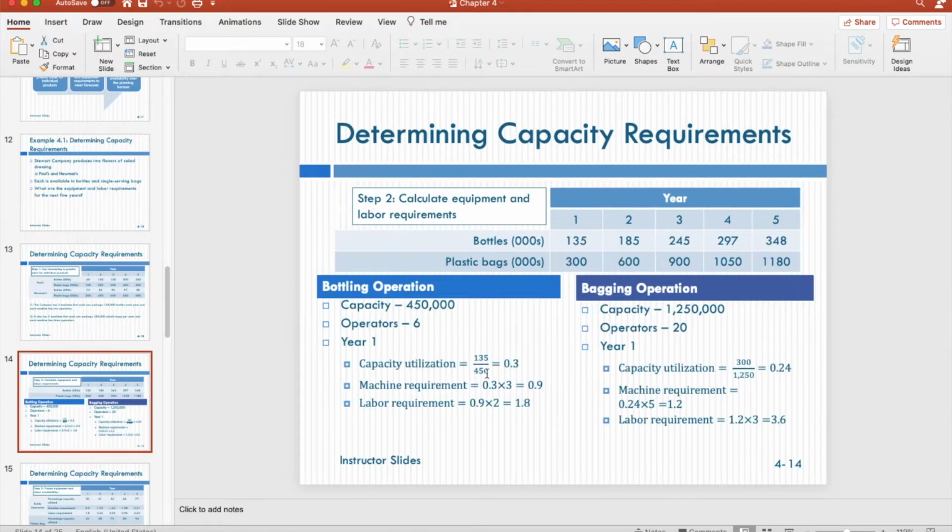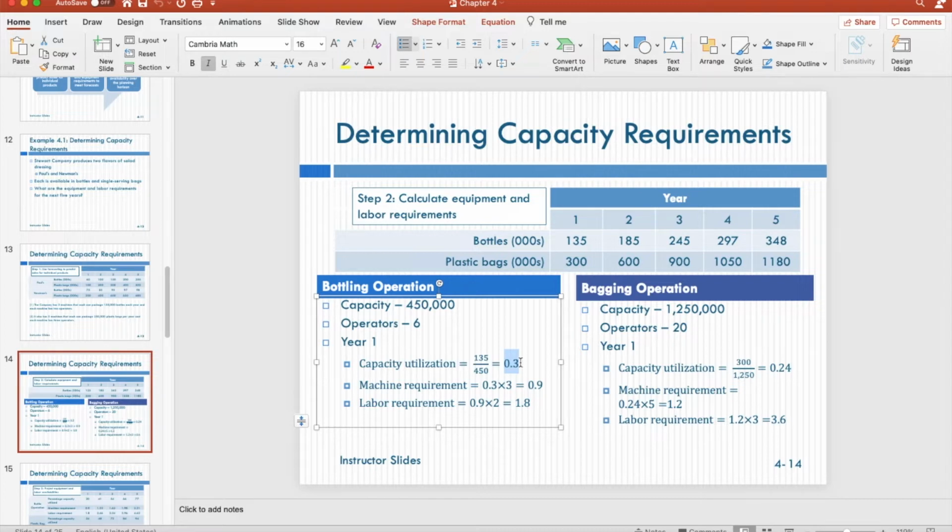But if I'm asking you how many machines you are using in this year, what is the specific answer? Think about this. You have three machines, but it doesn't mean that you use all of them this year. You use all of them only when the market demand is at least equal to or greater than your capacity level. Right now your capacity utilization is only 30%, which means that although you have three machines, you only use 30% of those three machines.